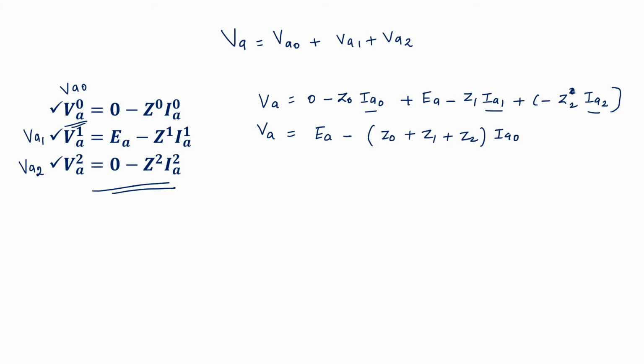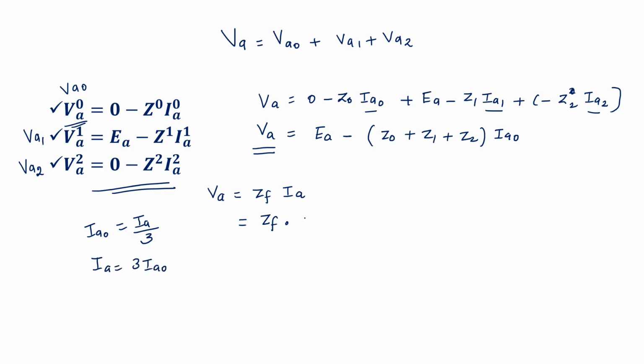After getting this answer, I am going to substitute the Va value. What is Va? Va equal to Zf into Ia. What is Ia? Ia0 equal to Ia by 3, so Ia equal to 3 into Ia0.